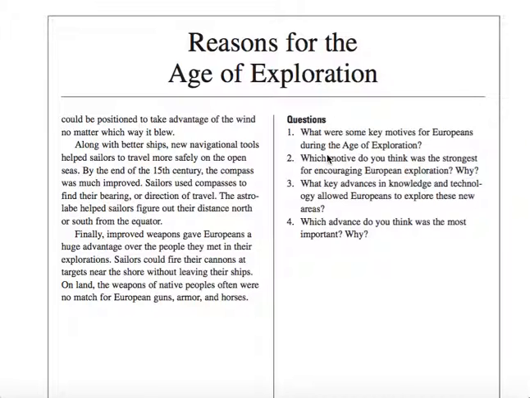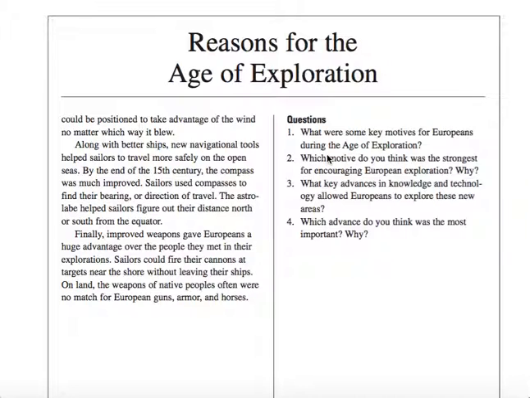Now, one word in there, motives, stands out to me. What does motive mean? Well, motives is kind of like the reason for doing something. What motivates you to do something? So if I were to replace motives with reason, it would help me to better understand my question. What were some key reasons for Europeans during the Age of Exploration?